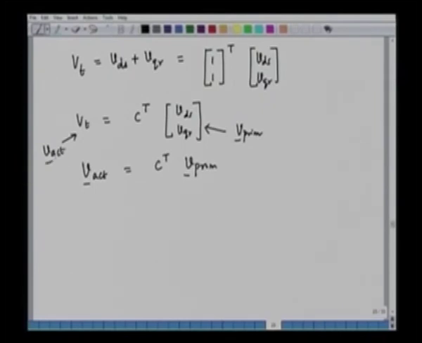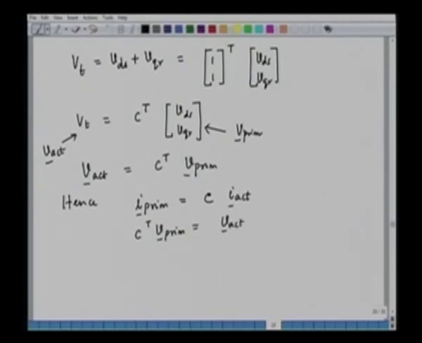So I have two sets of equation, that we have I primitive is equal to C I actual, and I have C transpose V primitive is equal to V actual.